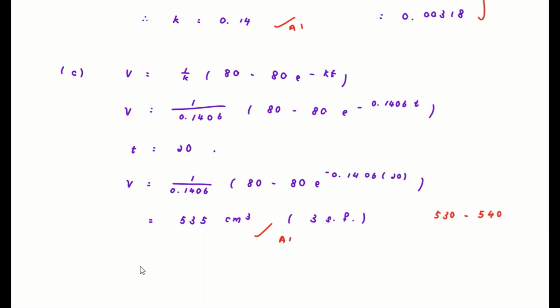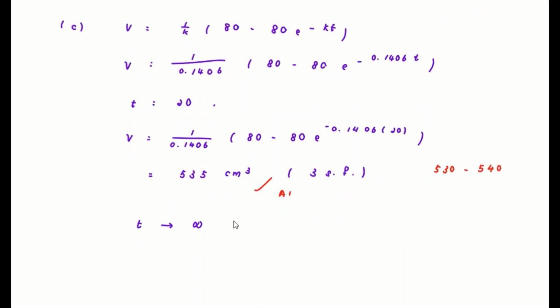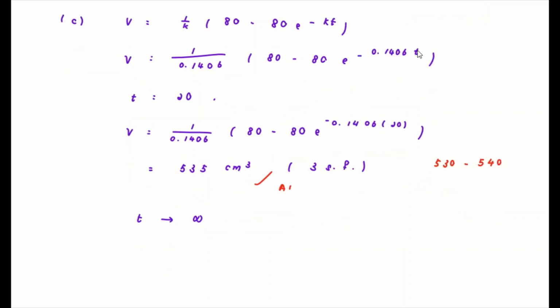In other words, when your t is approaching infinity. The thing you can try is to press your calculator, slowly increasing your t, and you'll see that it converges to one value. Otherwise, the alternative is, because you already have e to the negative, it will be quite easy.